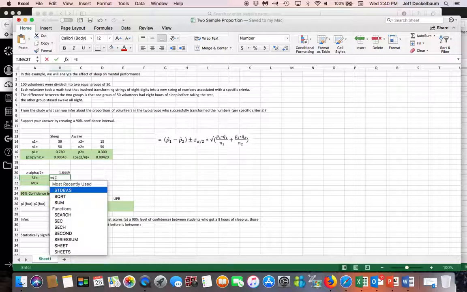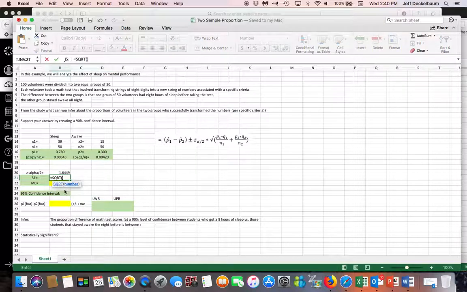So it's going to be equal to the square root, and then we're going to add this number and this number, and we get this number. Then the margin of error, which is the product of Z alpha over 2 times the standard error, this times this, equals this times this, and this becomes our margin of error.